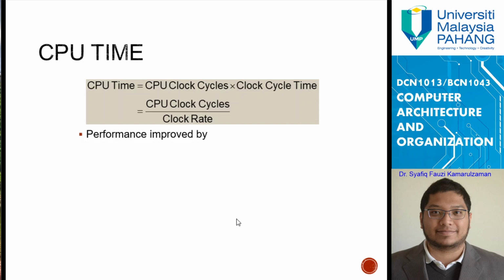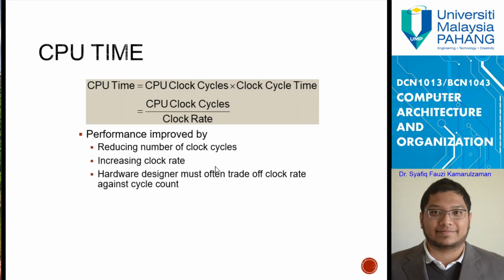When you talk about CPU time, CPU time is basically the CPU clock cycles times the clock cycle time, or it is equal to CPU clock cycles divided by clock rate. So performance is improved by reducing the number of clock cycles or increasing the clock rate. Hardware designers must often trade off the clock rate against the clock count to make sure that the performance is optimum.